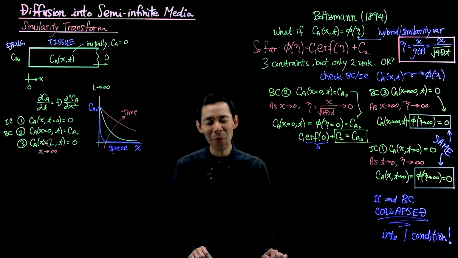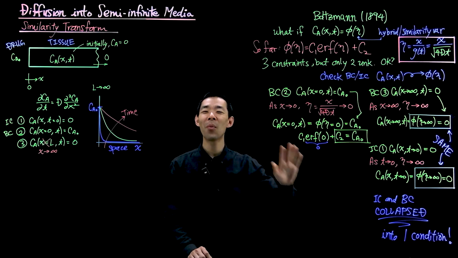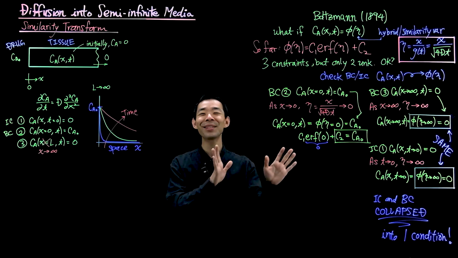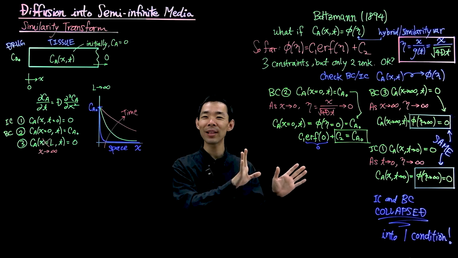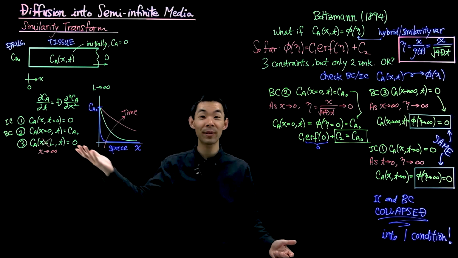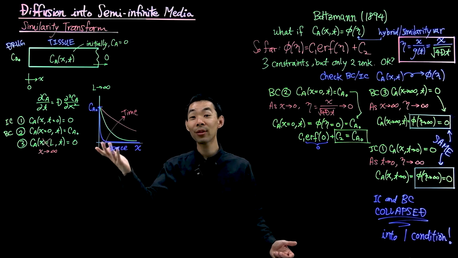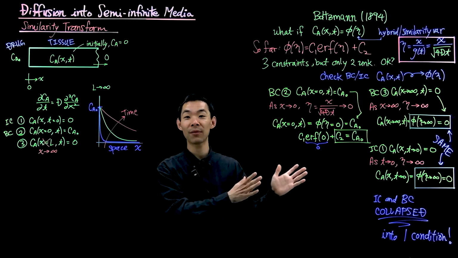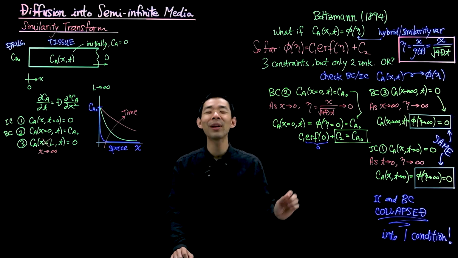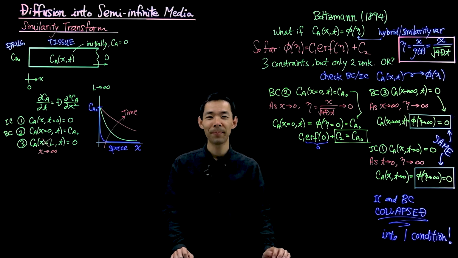And that is the only reason why this all works out. If this collapse did not occur, then this similarity transform approach does not work, because obviously we're overspecified. You can't satisfy 3 constraints with only 2 degrees of freedom. Therefore, this collapse is absolutely critical for us to be able to solve this problem.